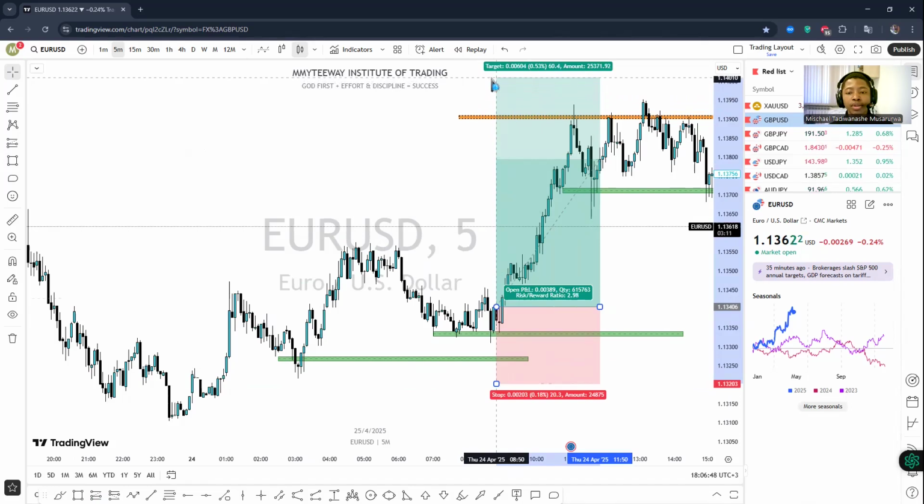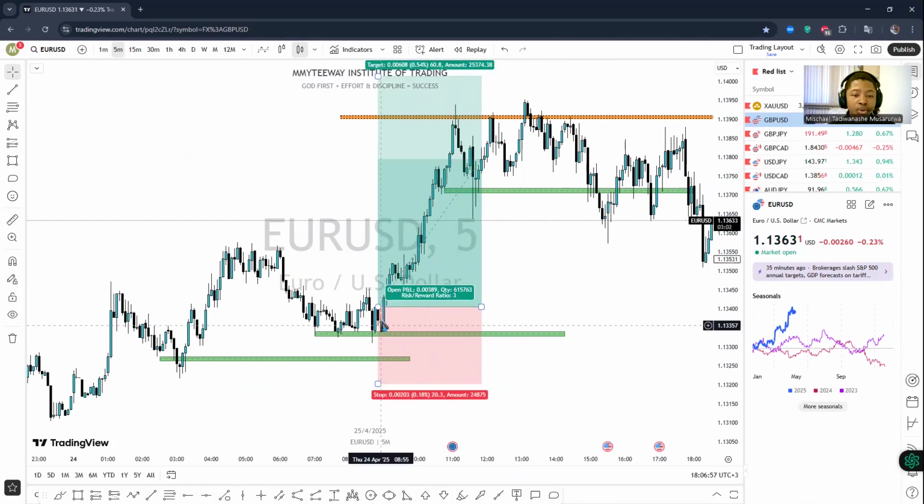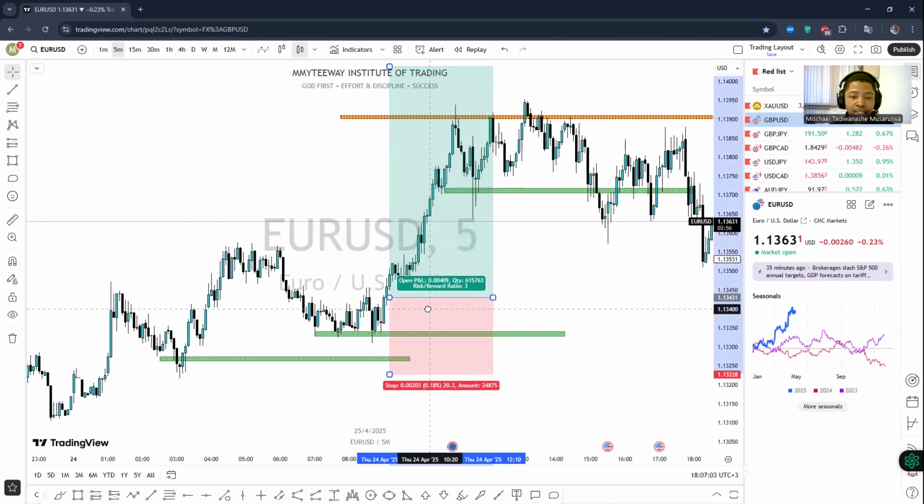Usually for Euro USD it is less than 20 pips. I know it because I use 15 pips for GBP USD and it is faster than Euro USD. So you could have entered a position like this at this level, right? Or you could have entered here after this bullish candle.